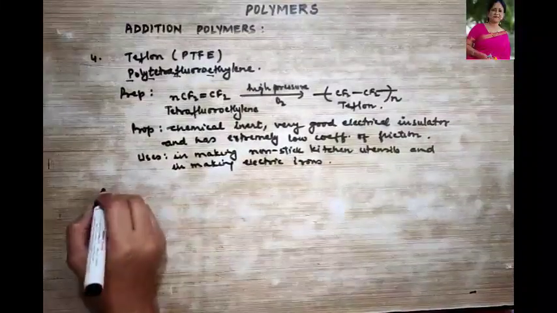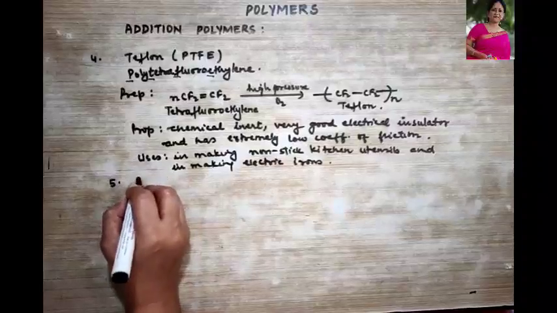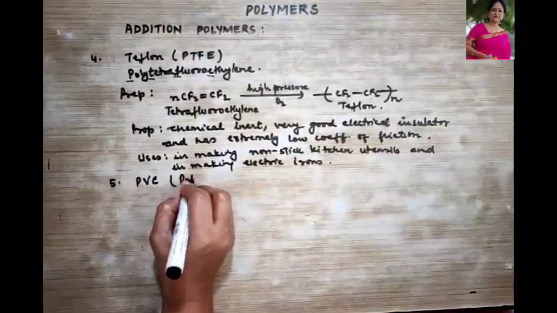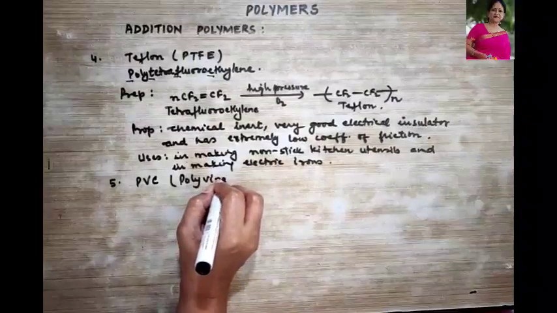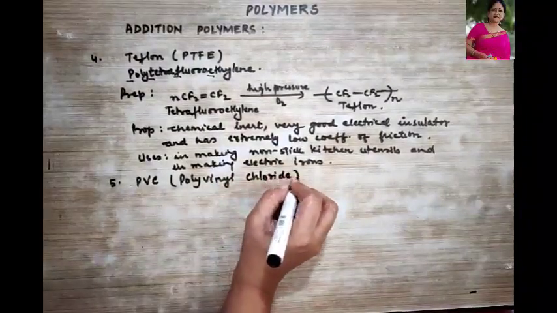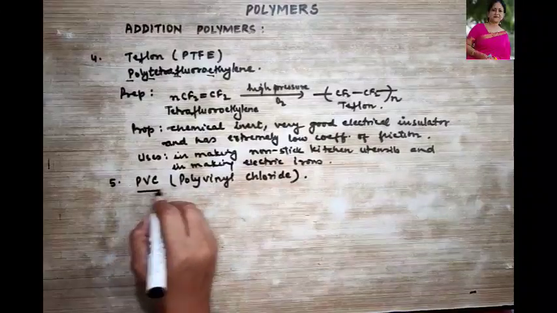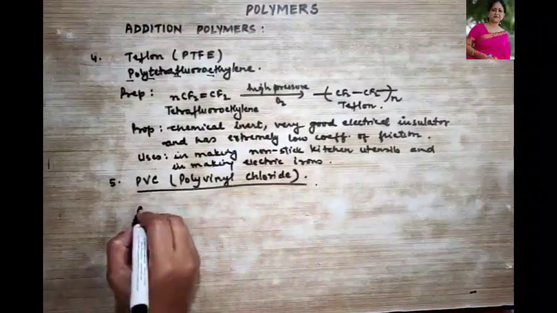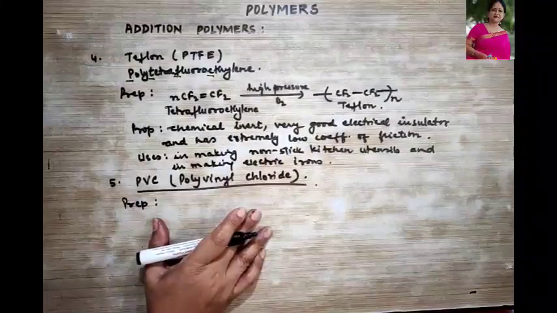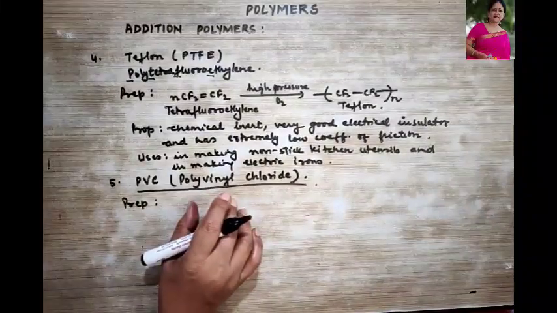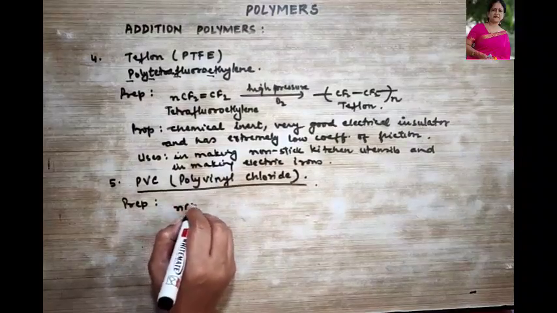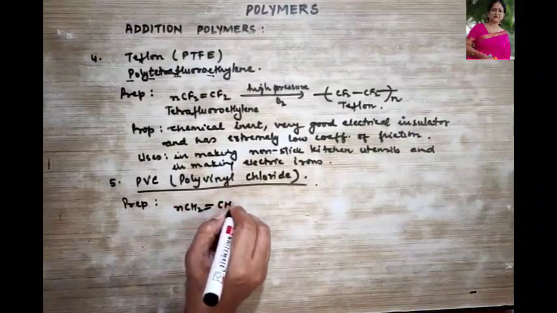Next we come to PVC. What is the full form of PVC? Polyvinyl chloride. This is another kind of a polymer, right? How is this prepared? It is prepared by the polymerization of the vinyl chloride in the presence of peroxide, that is nCH2=CHCl.